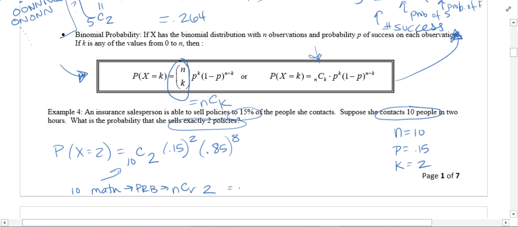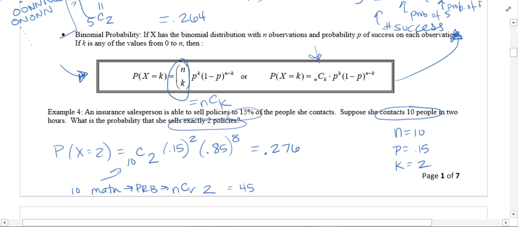And that will get you just that combination. So this should equal 45. So you got 45 times 0.15 squared times 0.85 to the 8th. So go ahead and calculate all that. Okay, so you should get 0.276.